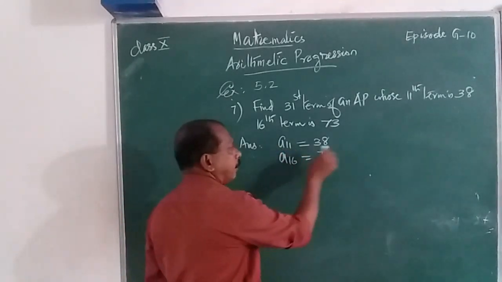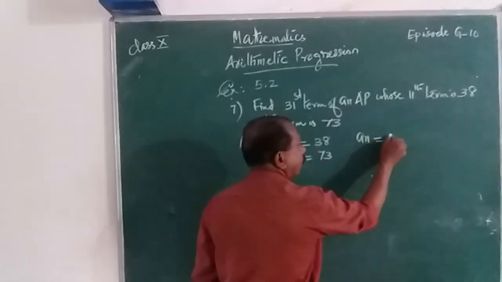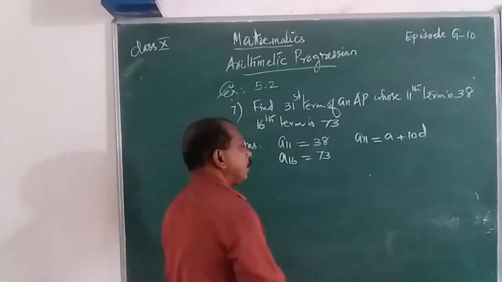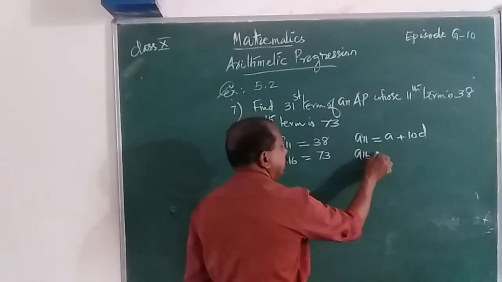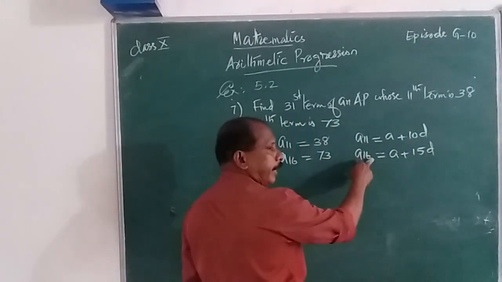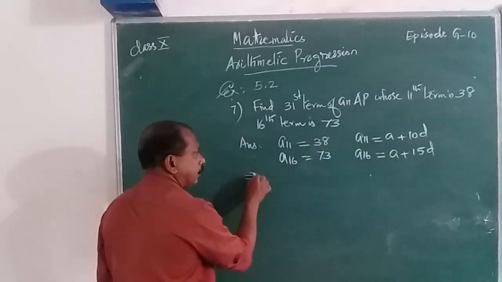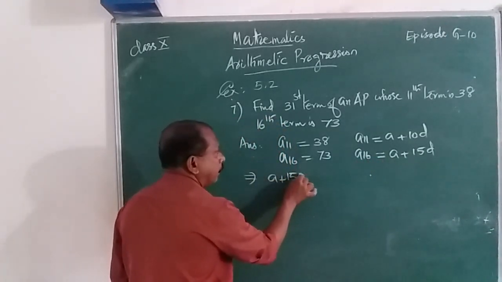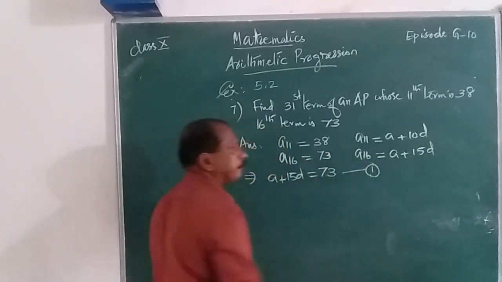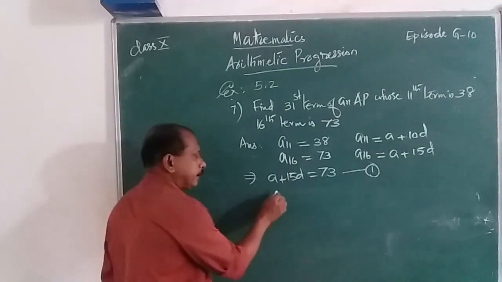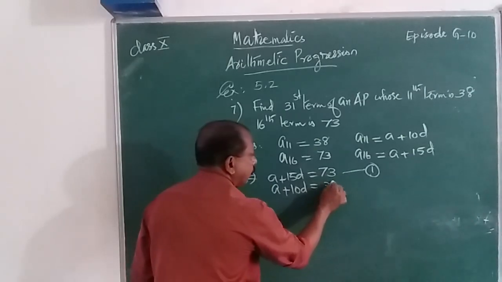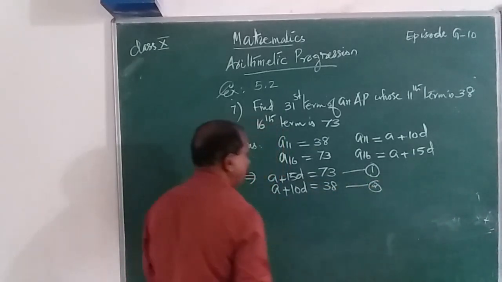Then what is a11? a11 is equal to A plus 10D. And a16 is equal to A plus 15D. This implies that A plus 15D is equal to 73. That is equation number 1. And A plus 10D is equal to 38. That is equation number 2.